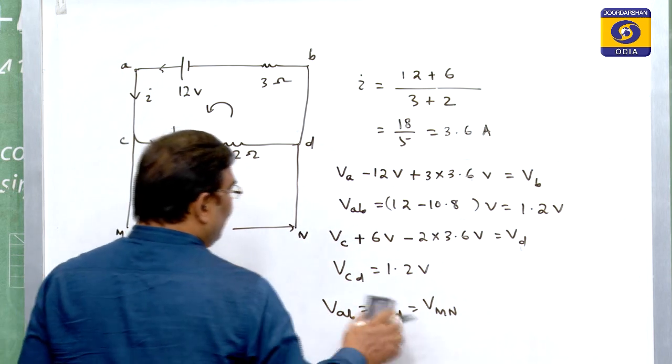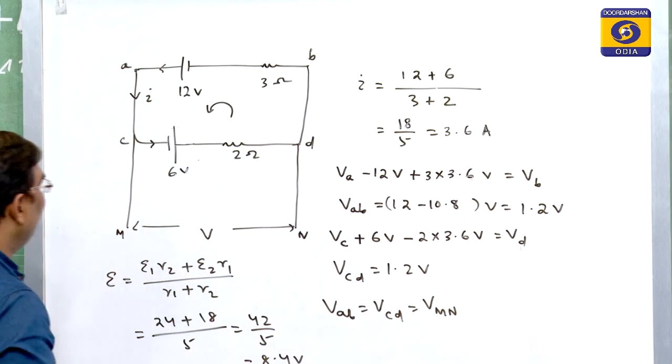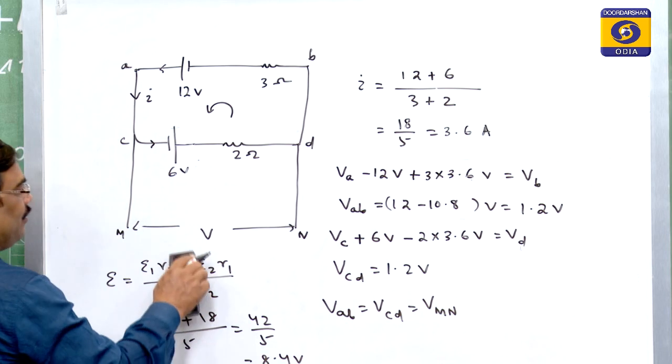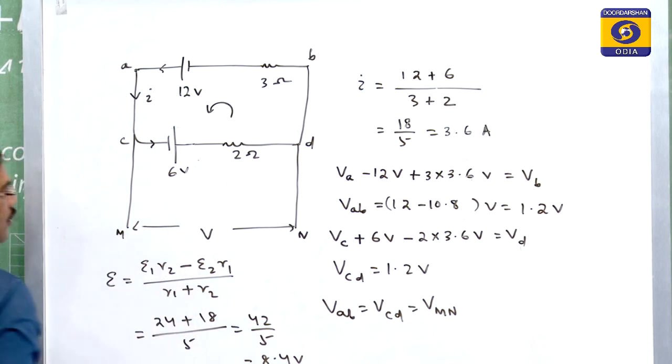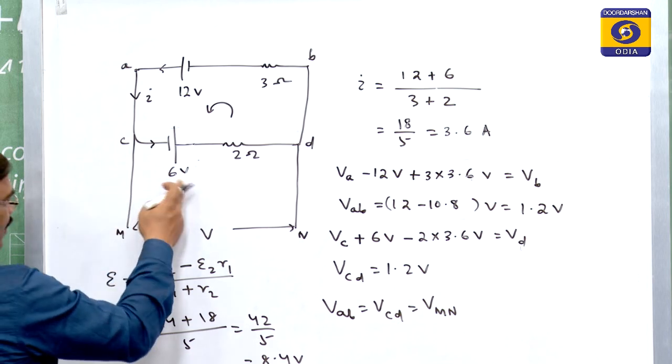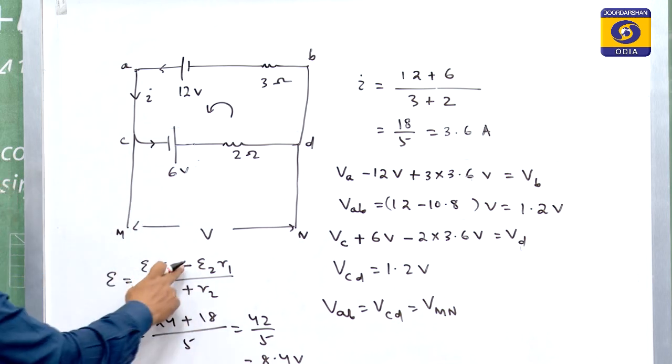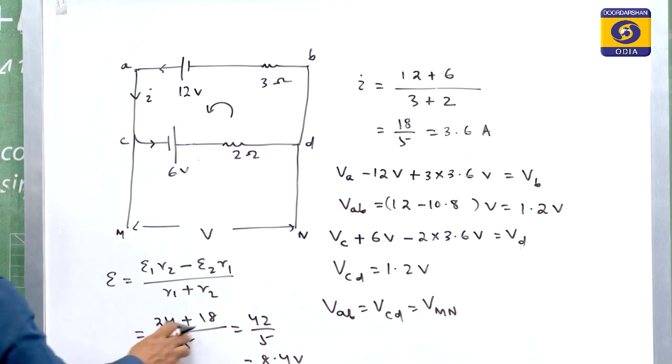Okay. So, again VAB, VCD equal to VMN. So, here we have to consider another formula, E1 R2 minus E2 R1, because E2 is reversely connected. So, it is minus E2 R1 by R1 plus R2.